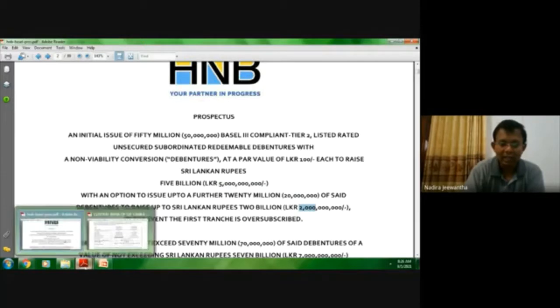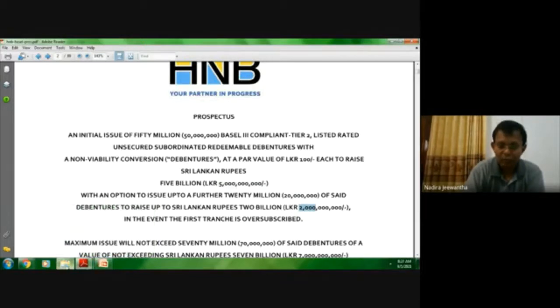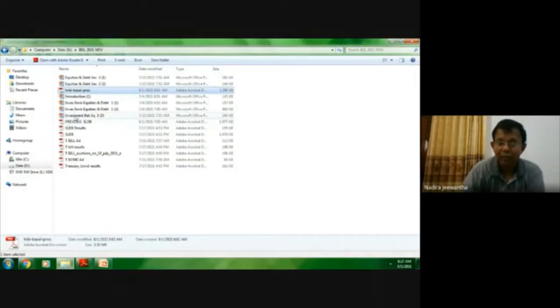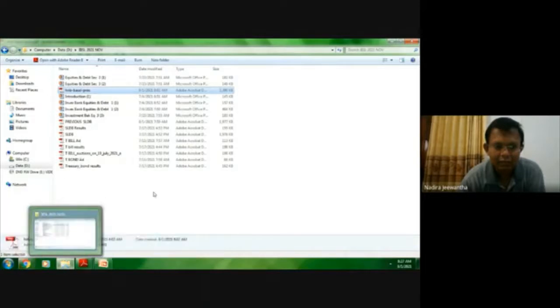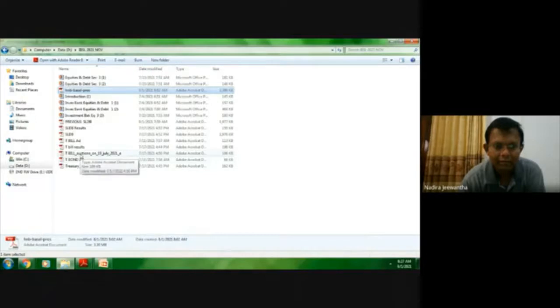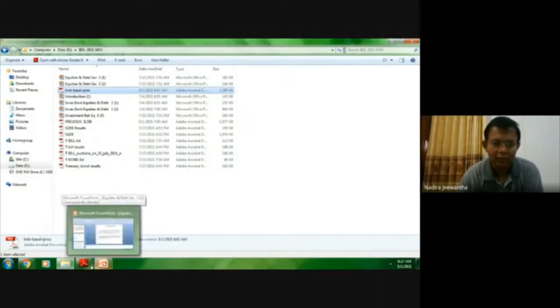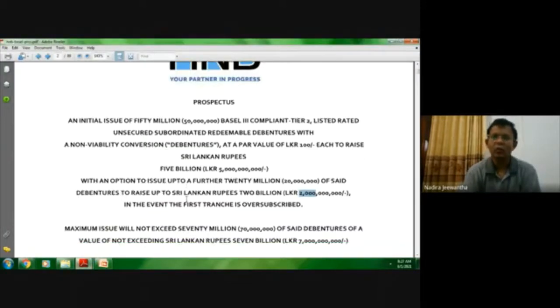So when they issue this issue, the following day they put an advertisement. Remember, I was talking about the advertisement. The next day they are putting an advertisement: oversubscribed.